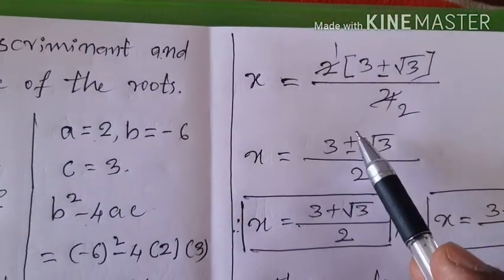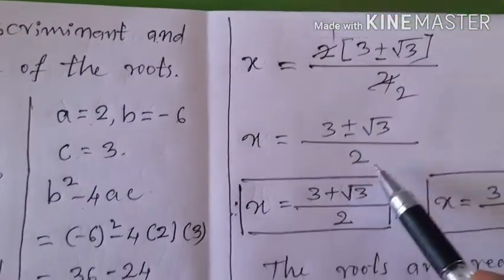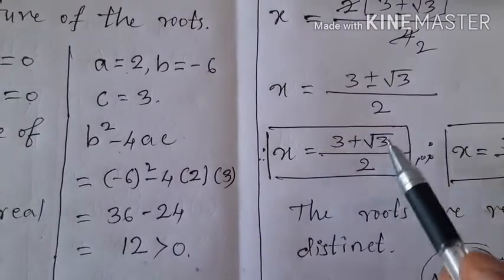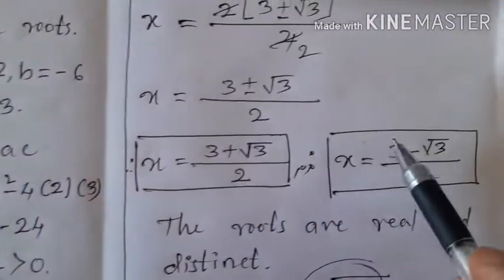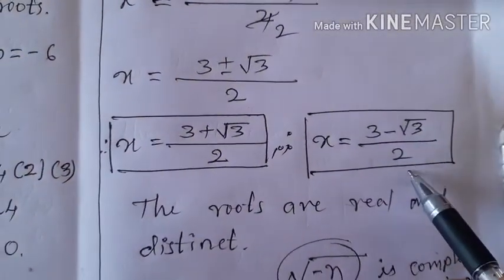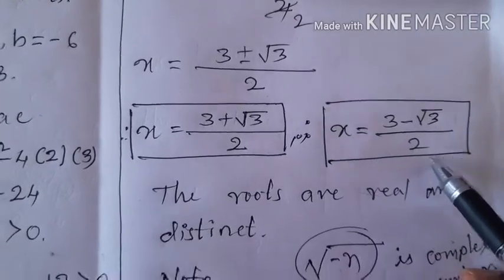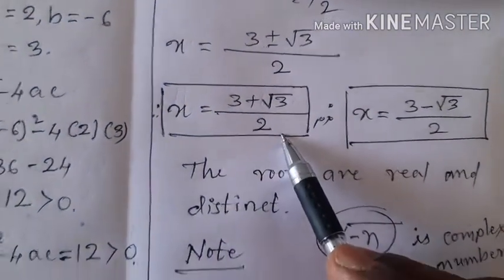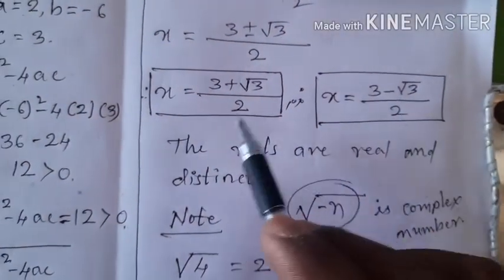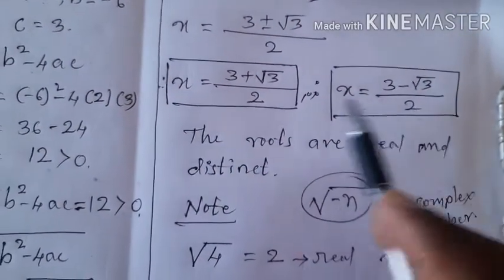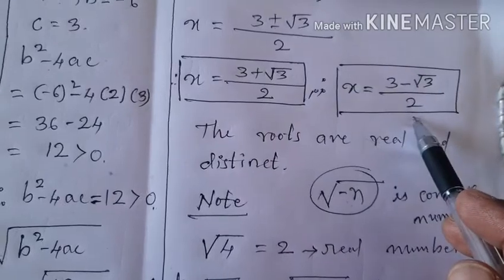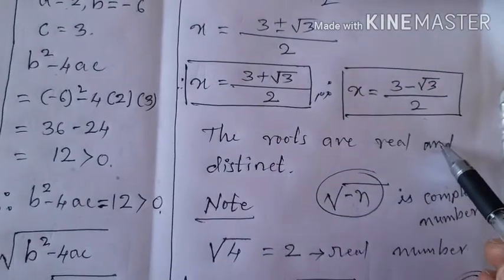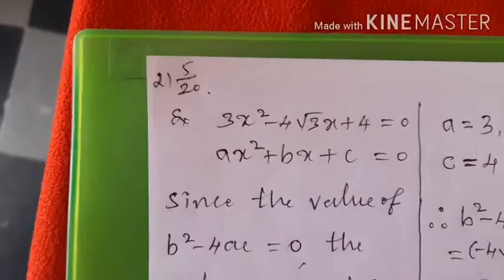Thus x = (3 ± √3) / 2. So x = (3 + √3) / 2 is one root, and x = (3 − √3) / 2 is another root. When we look at both the roots, both are real numbers, therefore real roots, and both are not equal, they are different in value, that's why they are distinct roots. Hence the verification.